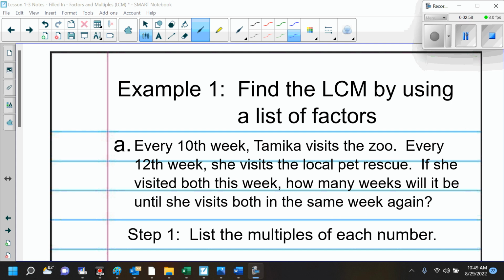Okay. So the important information here is that she visits the zoo every 10th week, the pet rescue every 12th week, and we want to know when she is going to go to both of them again in the same week. Okay. So what we're looking for is the least common multiple. Is everybody clear?